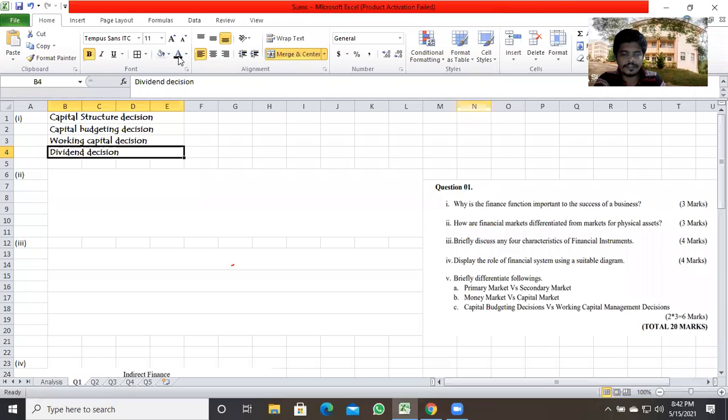Yes, profit maximization and wealth maximization, I will come to that point. Then capital structure, capital budgeting, working capital and dividend decisions, meaning how much we should pay to the investors, the ordinary shareholders. Basically, with these decisions what we are trying to do is simply wealth maximization.